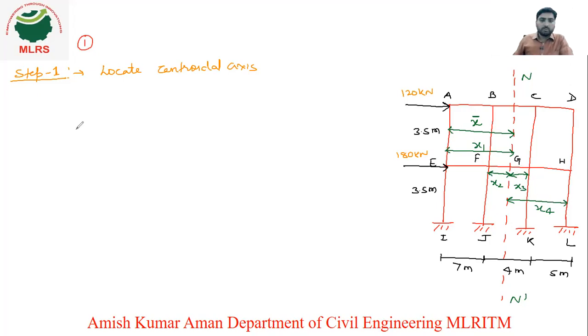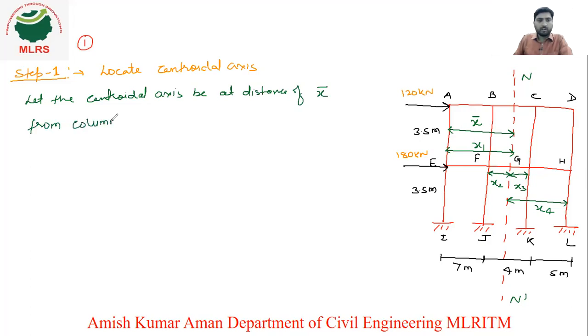Now, how will we locate it? Let the centroidal axis be at a distance x dash from column AEI, right?